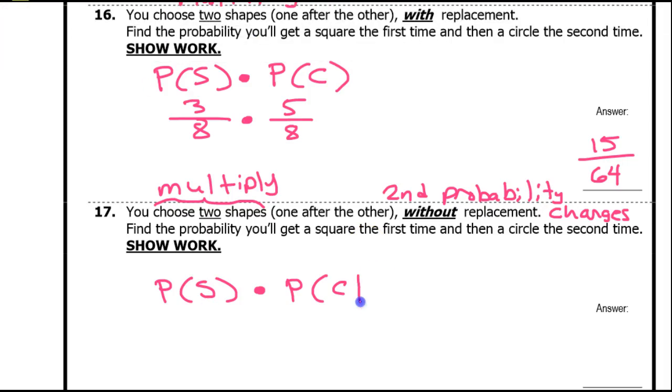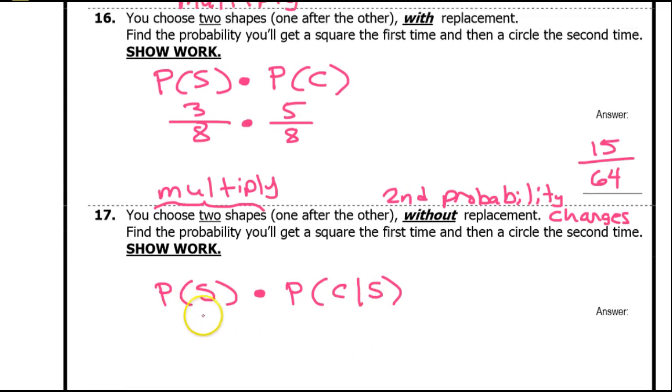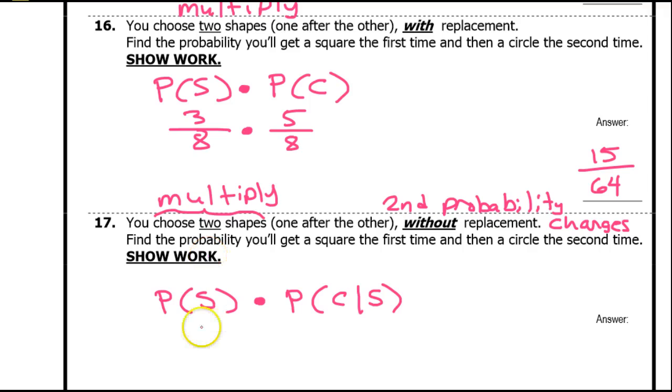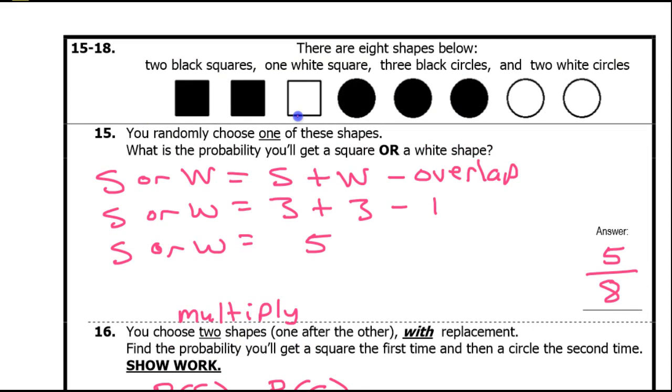But don't worry about that right now. Just use your common sense. So first we'll do the probability of getting a square. We already talked about that. We know it's going to be 3 out of 8. Squares go first, so we're starting with a fresh set of shapes. The 3 out of 8 was because there were 3 squares out of a total of 8.